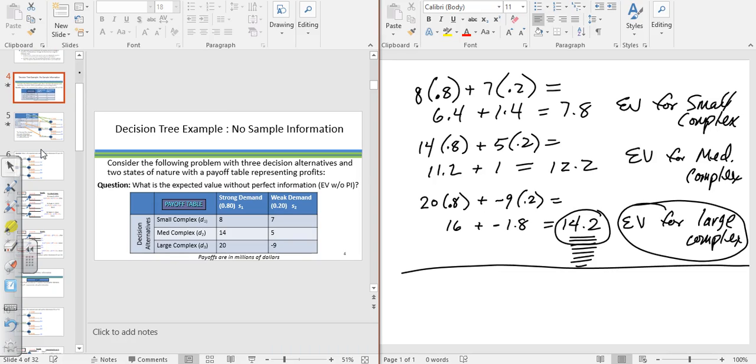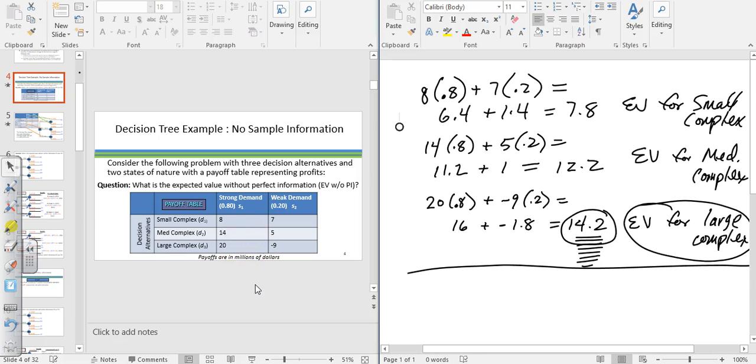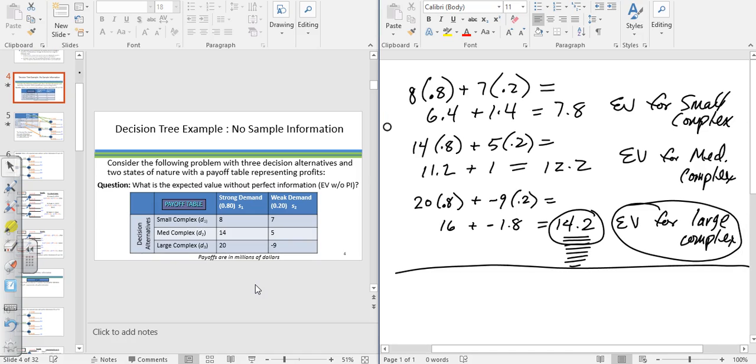We look at the strong demand, we look at the states of nature. So we're going to look at strong demand, and we're going to choose the largest. Always a little tricky. Okay, expected value with perfect information. We're going to take 20 times 0.8, we're just picking the best, and then we're going to add 7 times 0.2.